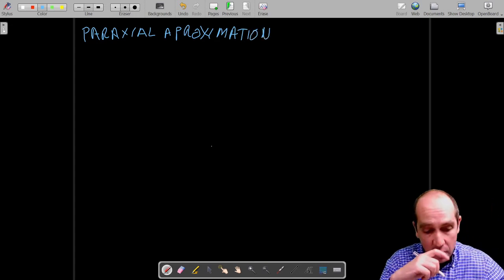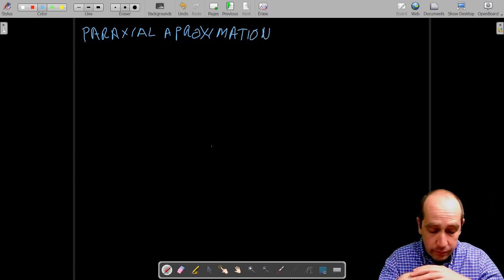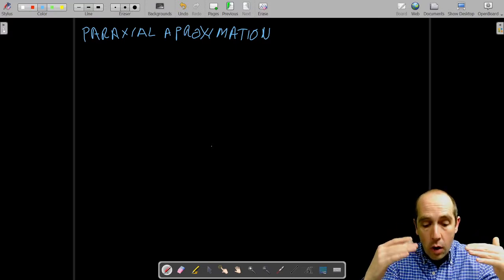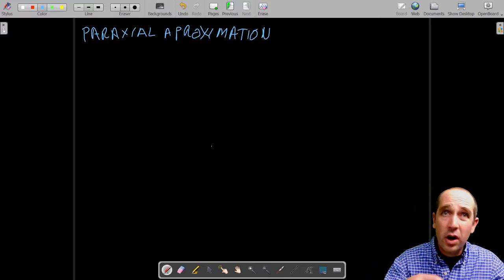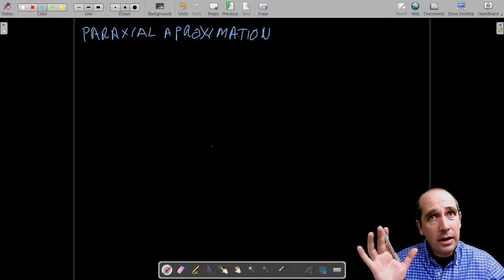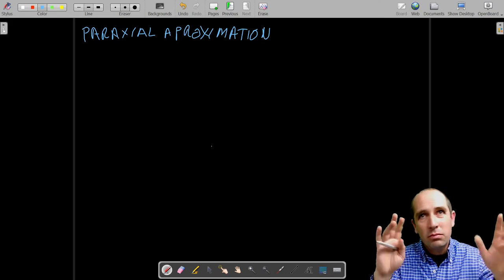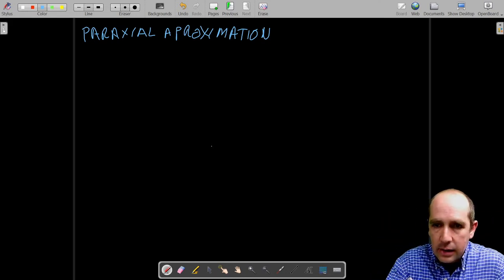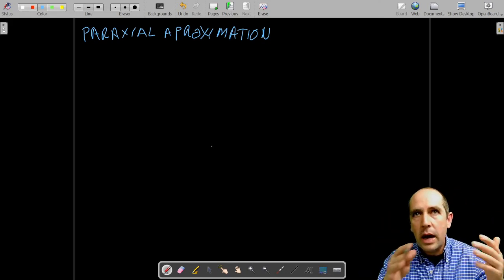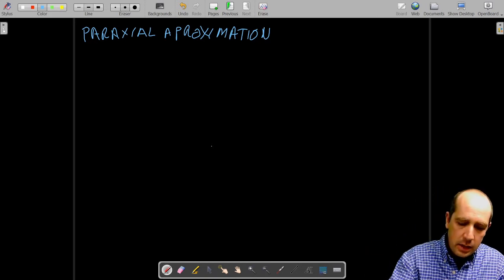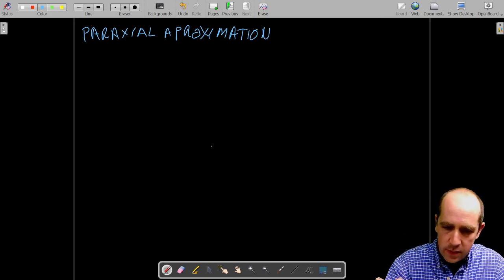The paraxial approximation implies that we just look at the rays that are close to the optical axis and not the ones that are far away. And within this approximation, we can actually form perfect focuses. Okay, and this is what we will do. We will do now the reflector, and then we will do the refracting curved surface.